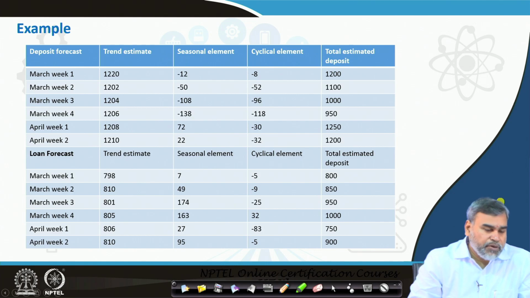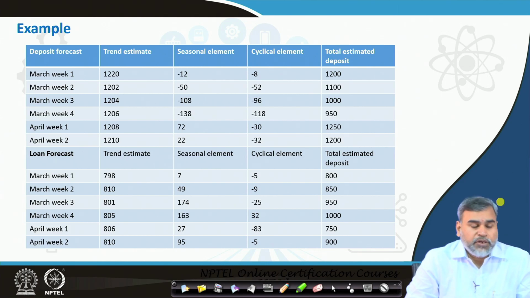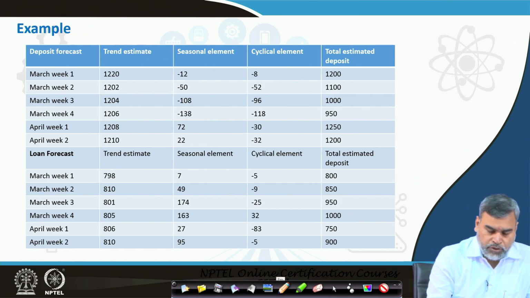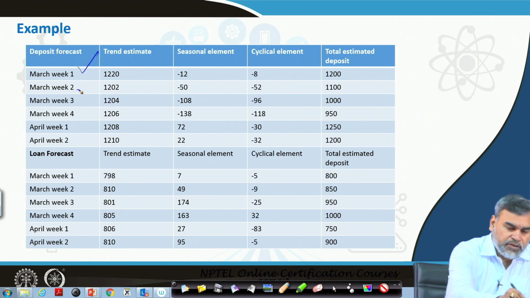You see this example. Let the deposit forecast we are making be for March week 1, week 2, week 3, week 4, April week 1, and April week 2. So we have a 6-week forecast.